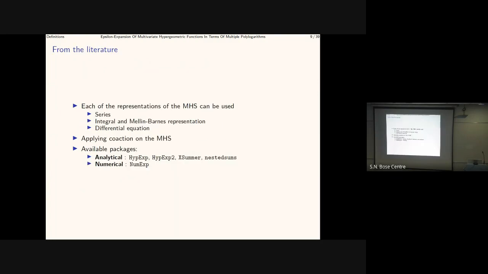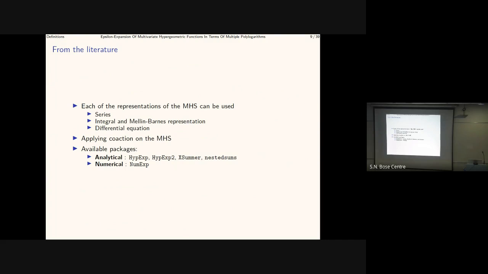So now there are some studies from the literature where they have taken the series representation of a hypergeometric function to find the series expansion. Otherwise, you can take the integral or Mellin-Barnes representation. Also, these functions are the solutions of differential equations that you may take. Some complicated study of coaction can be performed.